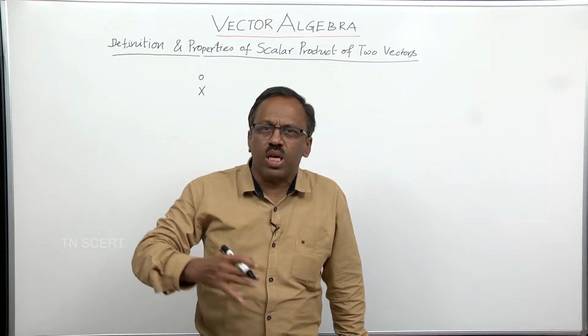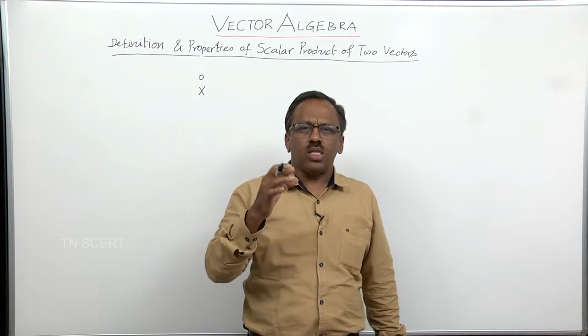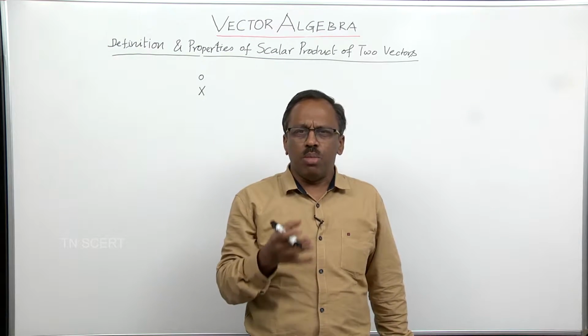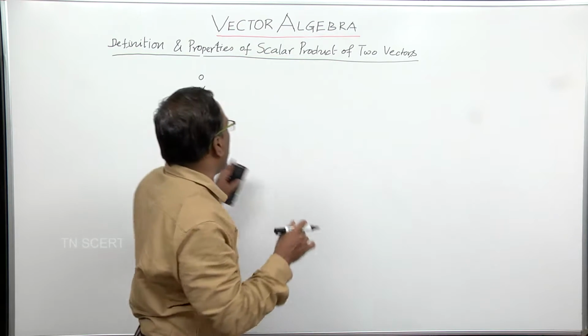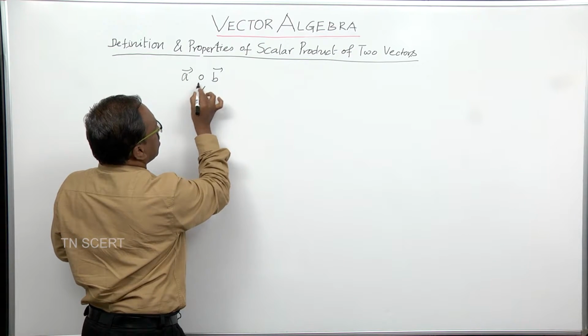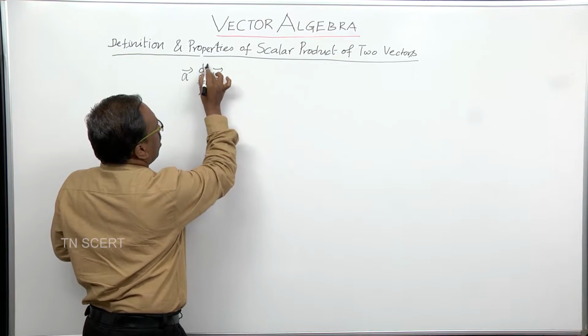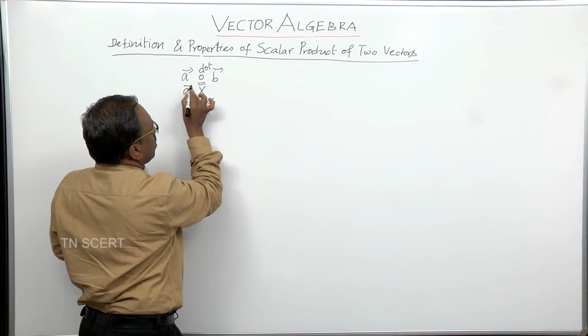We are not using it as we do in usual mathematics, where 2 and 3 is 6, here we cannot do so. It is A and B, this is dot, or scalar product, and this is cross, or vector product.